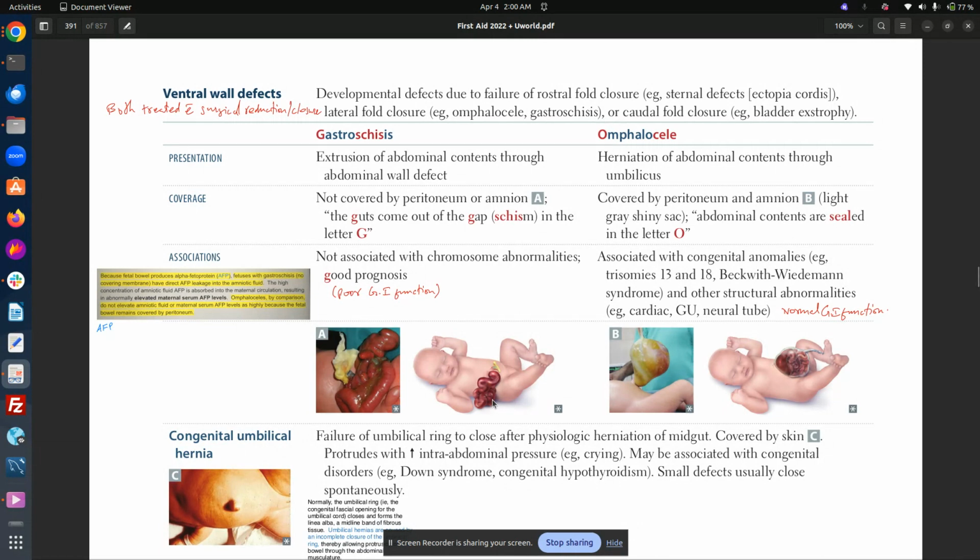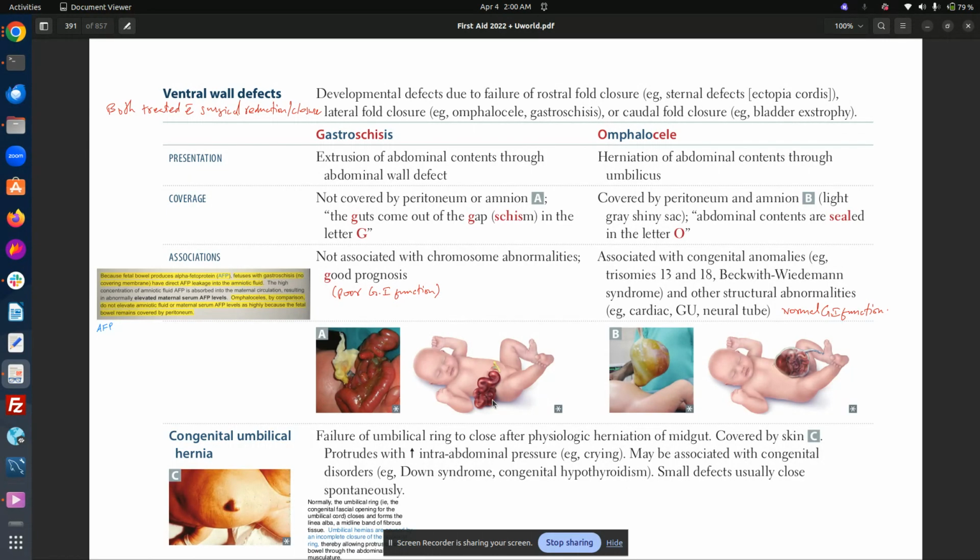If a newborn is presented with gastroschisis, we would not think about trisomy 13 or trisomy 18 or Beckwith-Wiedemann syndrome, any of these conditions, because gastroschisis is not associated with other chromosome abnormalities. Due to this reason, it has a good prognosis.